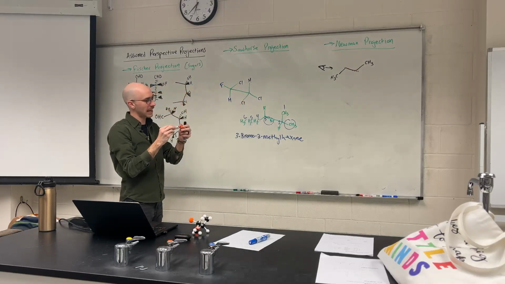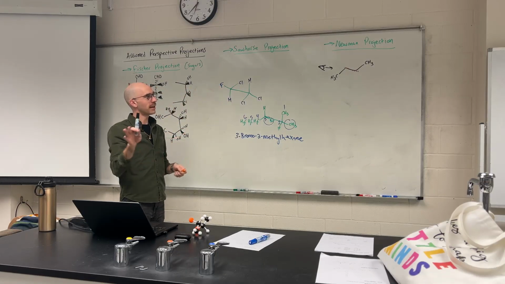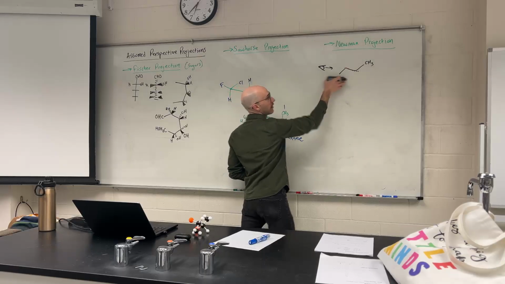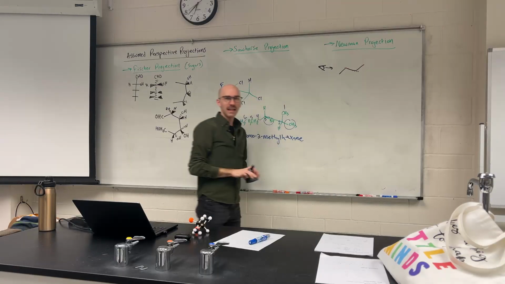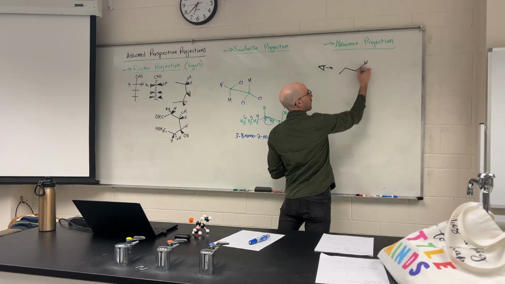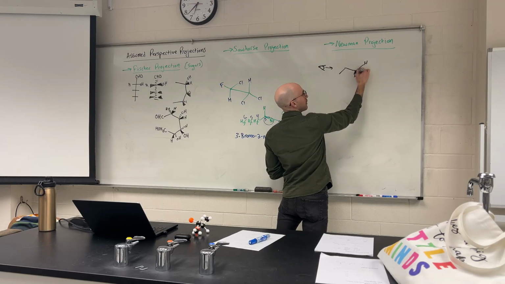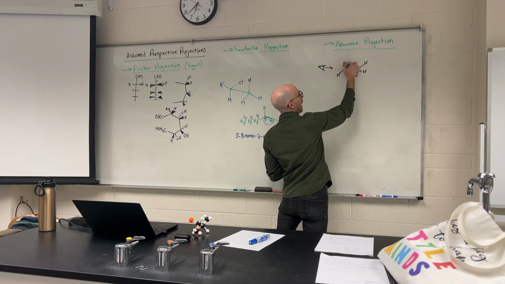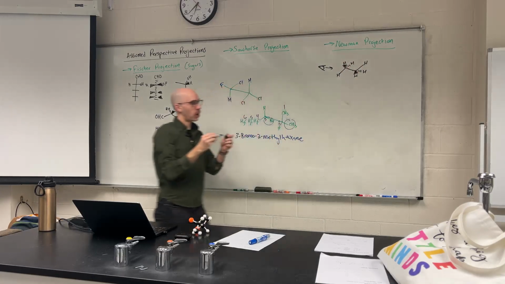All right, well, I'll sight down this bond. You know what? I'm going to make my structure a little bit easier. I've drawn butane, a 4-carbon chain. I'm going to make this a little simpler, and I'm going to show ethane. Ethane is the simplest Newman projection I can draw because ethane only has one carbon-carbon bond.